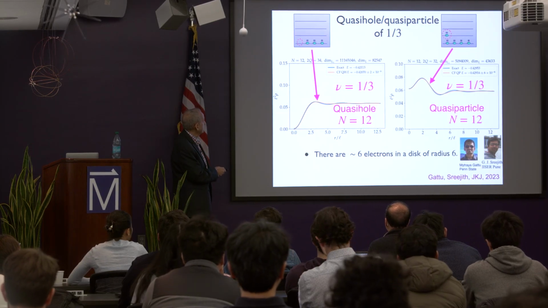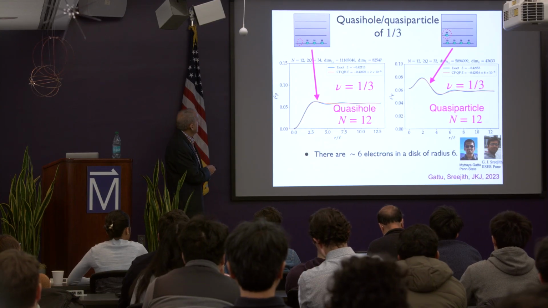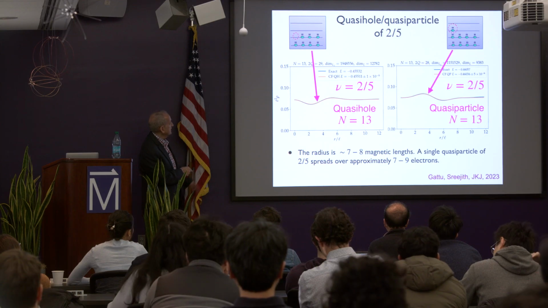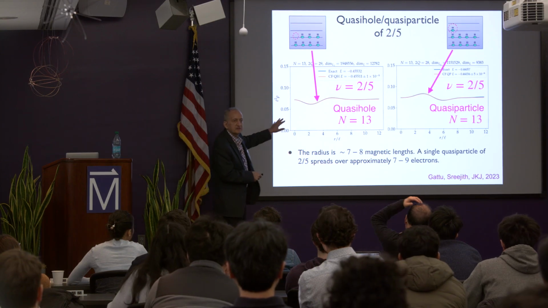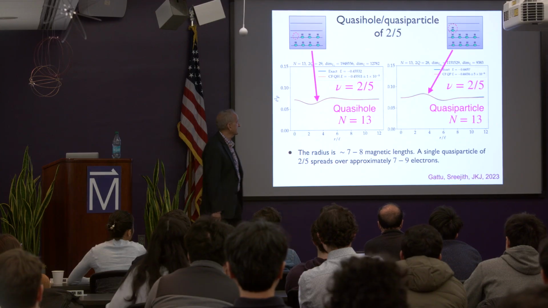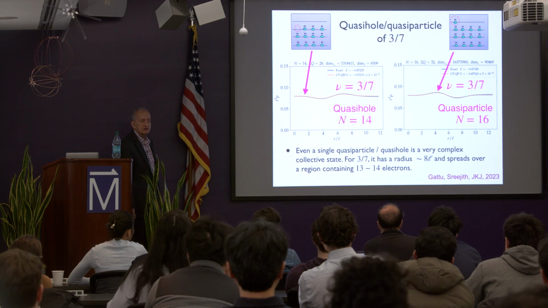This is a 12-particle system at 1/3. At 2/5, you see this comparison. In fact, you may not be able to see that there are 2 curves. So this gives an almost exact description of the actual quasi-particles and quasi-holes that you see in numerical studies.